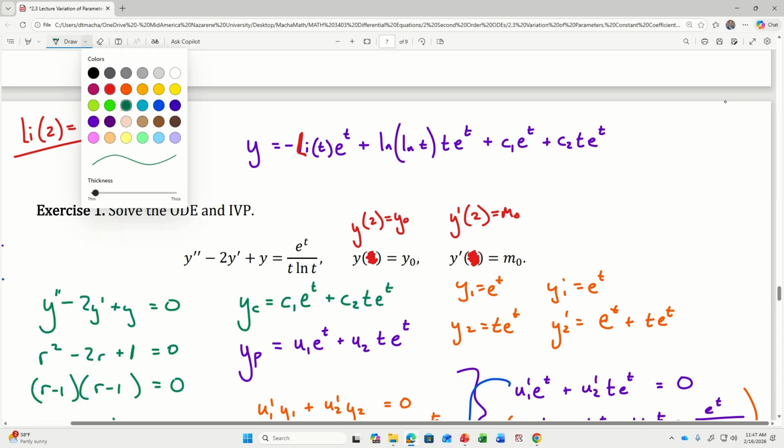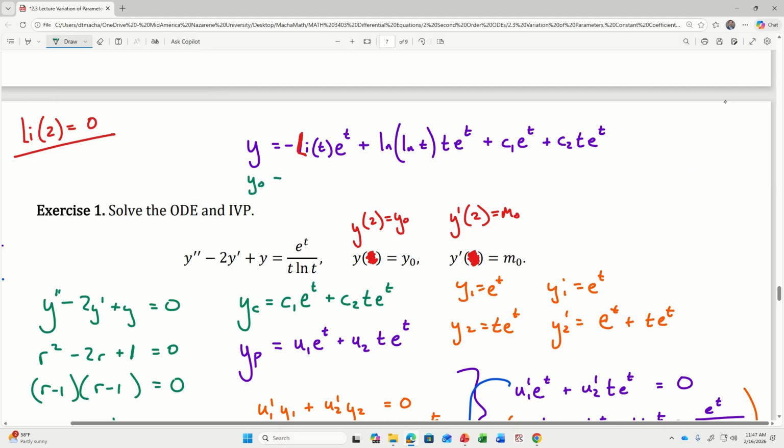And that means whenever I want the initial value and I set t equal to 2, then this is 0 plus natural log of 2 times e to the 2, plus c1 e to the 2 plus 2c2 e to the 2.